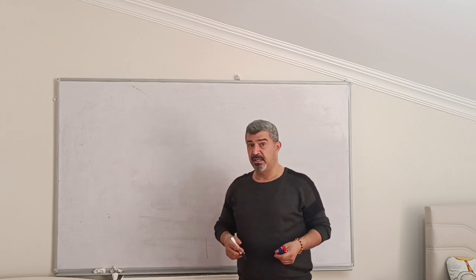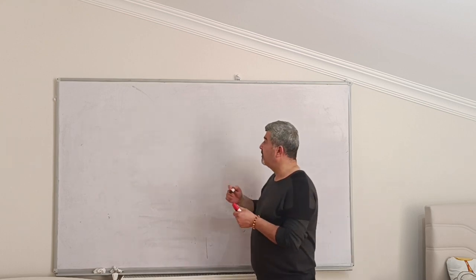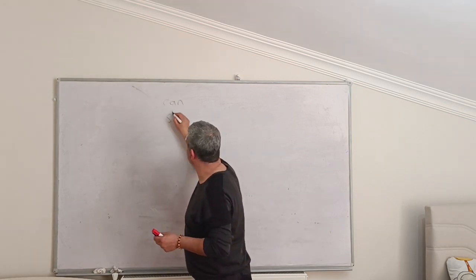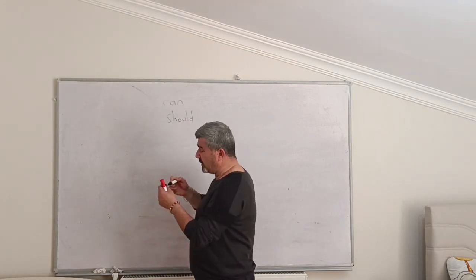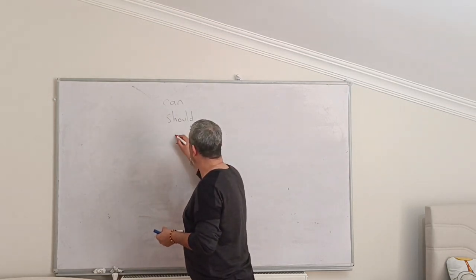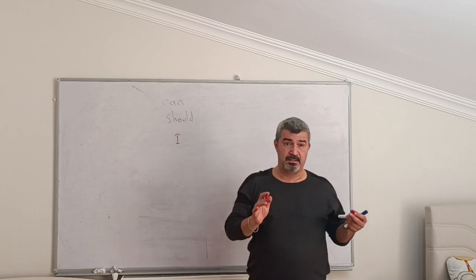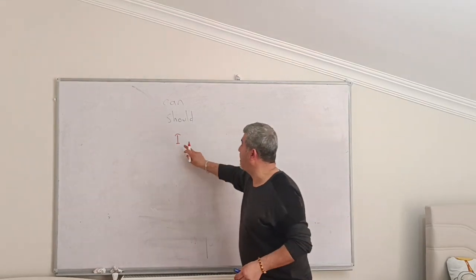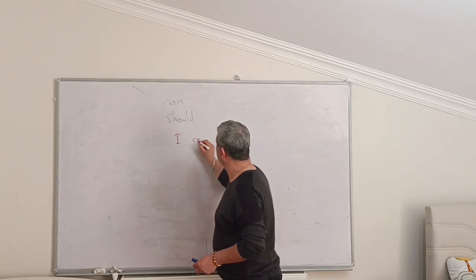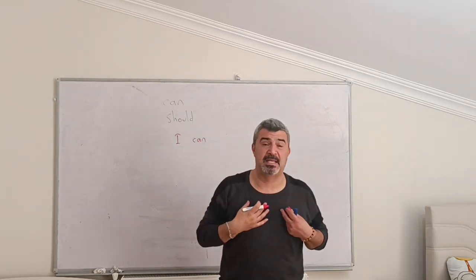For example, in our previous lessons, we learned can and we learned should. And what did we say about can and should? We said the modals come between the subject and the main verb. For example, can shows ability.